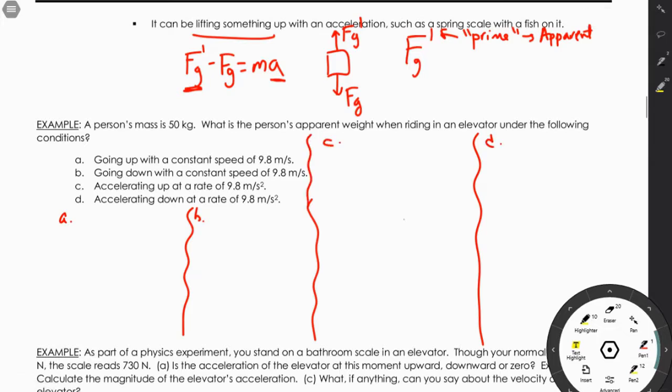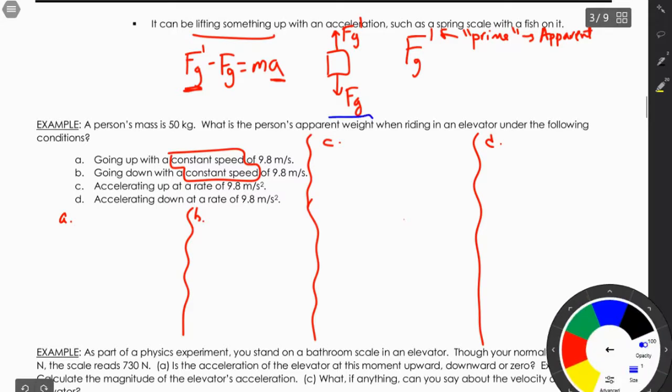I will tell you this, A and B are going to be the same answer. Here's why. The phrase constant speed means there's no acceleration. So my first steps will be draw, sum, and now in the actual workspace I'm going to do the solve step. I have Fg prime minus Fg equals m times a.